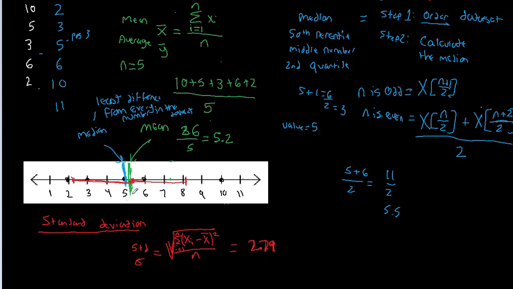Because standard deviation is a measure of distance from the mean for how spread out the data set is. So the higher the standard deviation, the more spread out the data is. The lower the standard deviation, the more concentrated the data is.